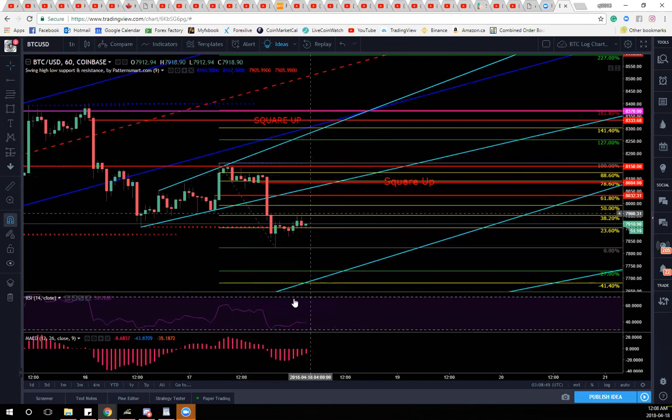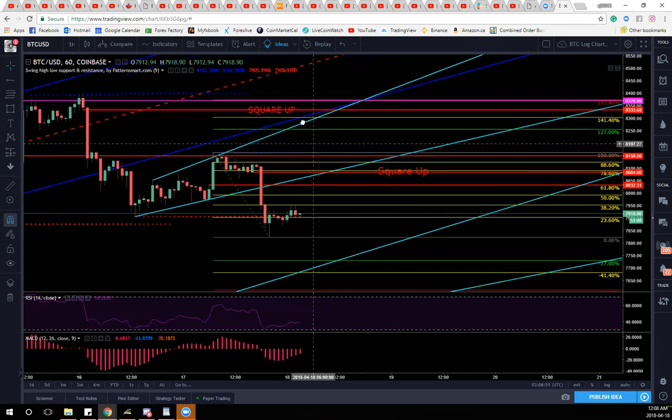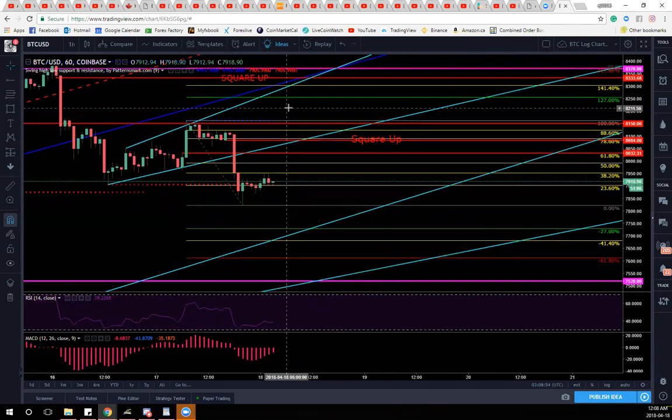Now, it depends too if we get way overbought by then, if we try to make it up to this square up. But eventually, normally they complete them all. More specific than that, I can't be. But you pair them with all the other indicators.